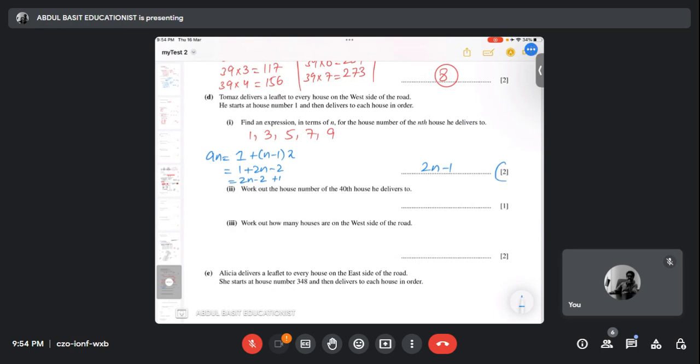Is it clear, brother? Yes or no? Ramsha, is this clear to you?